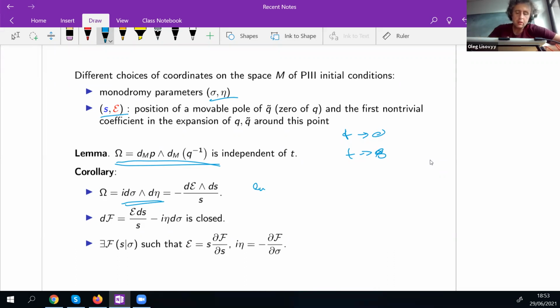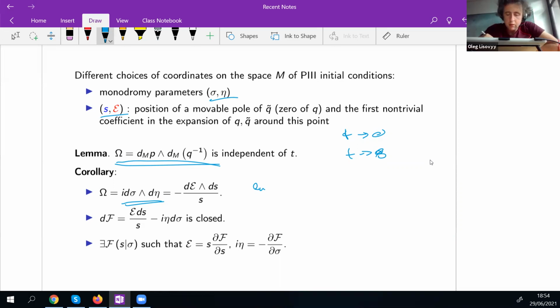Therefore, we can cook up a one-form on the space of monodromy data, which is closed. And this F is such that the accessory parameter is obtained by computing this logarithmic derivative. On the other hand, the Darboux conjugate monodromy parameter is another derivative of this F with respect to sigma.